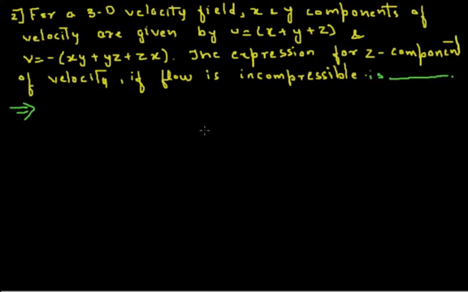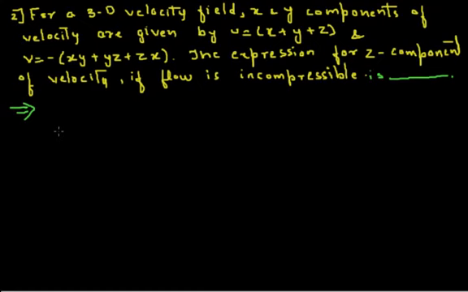Now in this problem we are given that the flow is three-dimensional. So if the flow is three-dimensional, it will have velocities in all the three dimensions. So it will have velocity components along x-axis, along y-axis, as well as the z-axis. Out of that, we know the components of velocities in x and y directions.